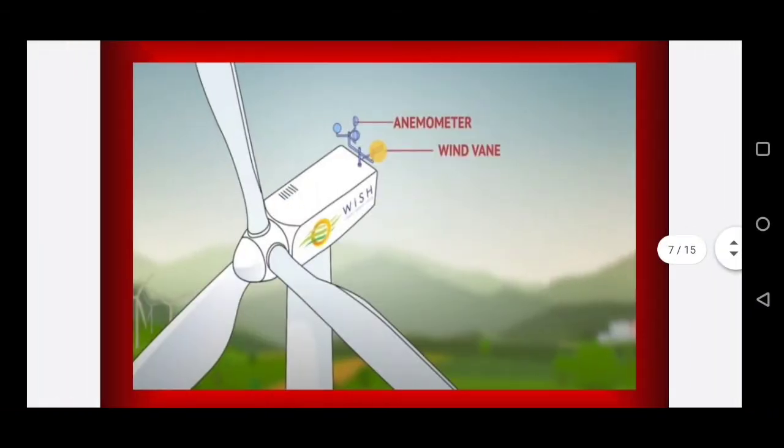Behind the nacelle, there are 2 more parts. One is the anemometer and another one is the wind vane. The function of the anemometer is to measure wind speed.